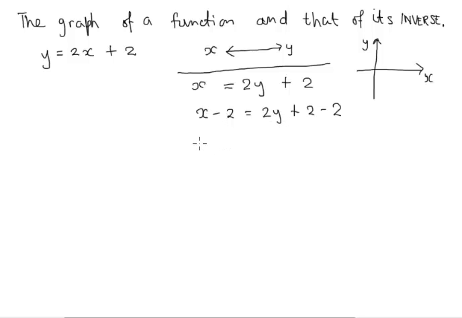Which means in the next step, you can put 2y equals x minus 2. Then to come back to y, we'll need to divide both sides by 2. Then we get y equals x over 2 minus 1.